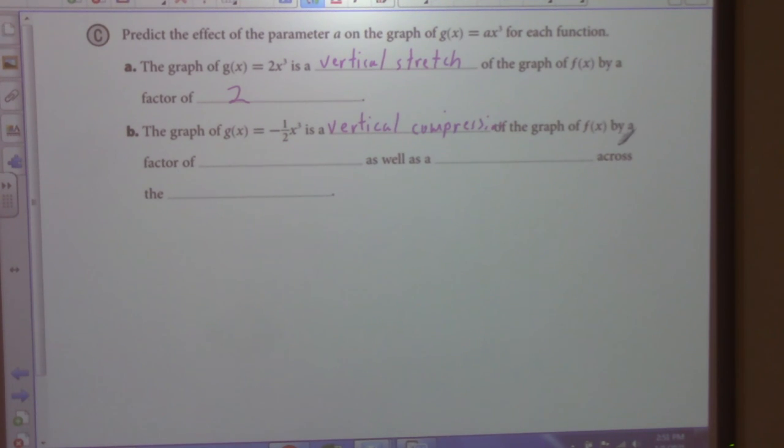Of the graph of f of x by a factor of 1/2 as well as a what? Reflection. Reflection across the x-axis, yes. Okay, so that's that.